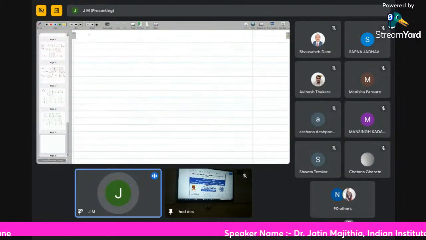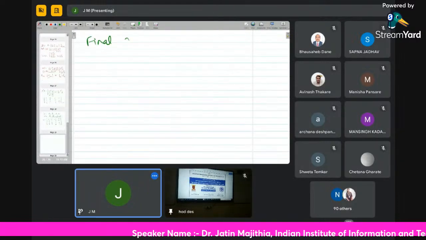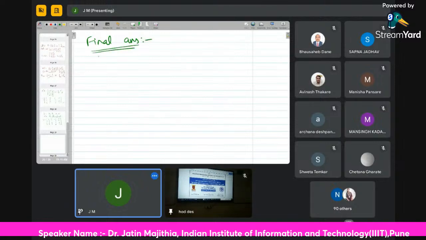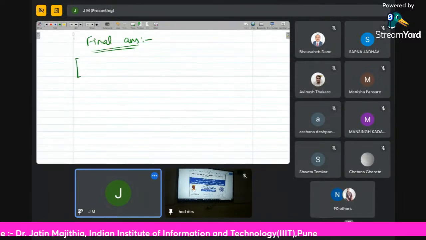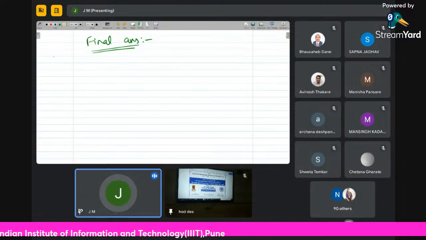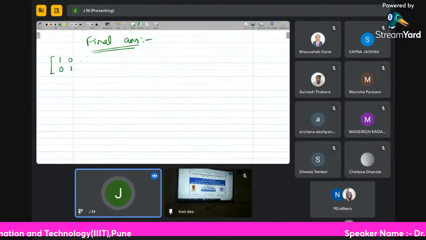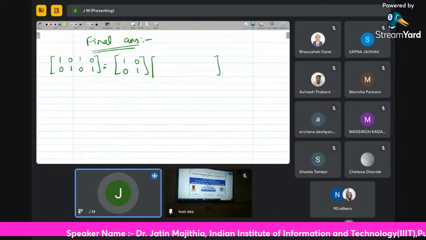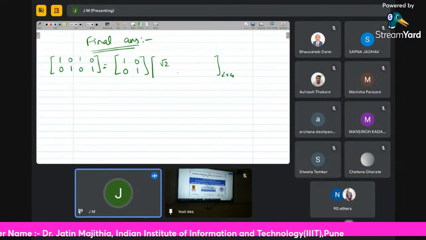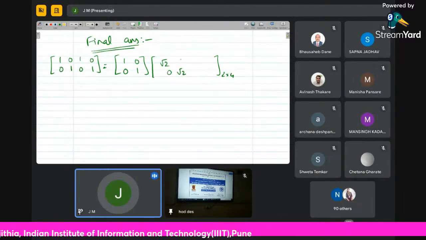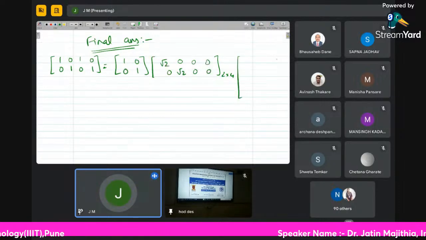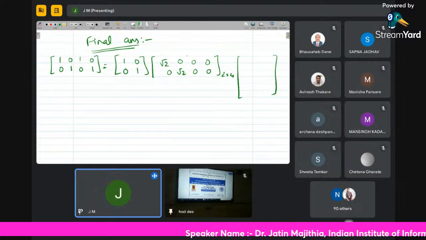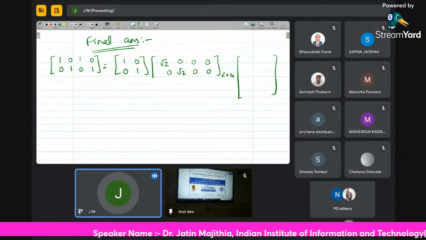And my A matrix, which was 1 0, it can be written as U matrix, which was 1001. My sigma matrix, which was 2 by 4. So here √2, 0 0. Then here you are having V transpose. Let me normalize it and let me take the transpose.